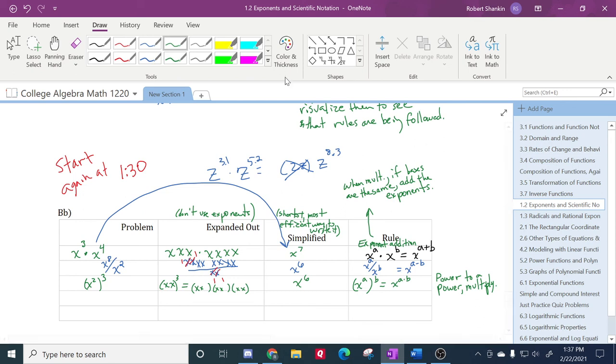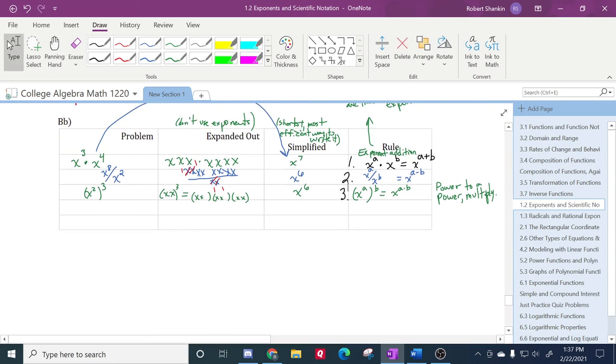Okay. Now, we call these Rule 1 of exponents. Very creative names. Rule 2, Rule 3 of exponents. And we're going to go to some other rules of exponents. So, rules of exponents.